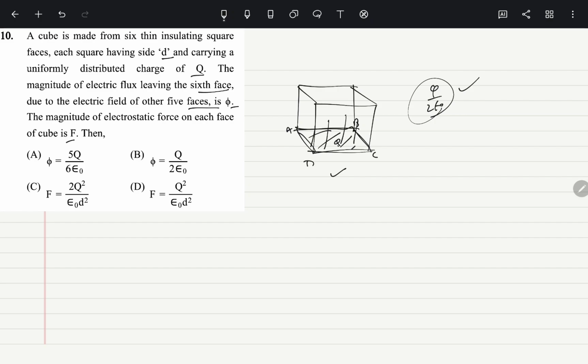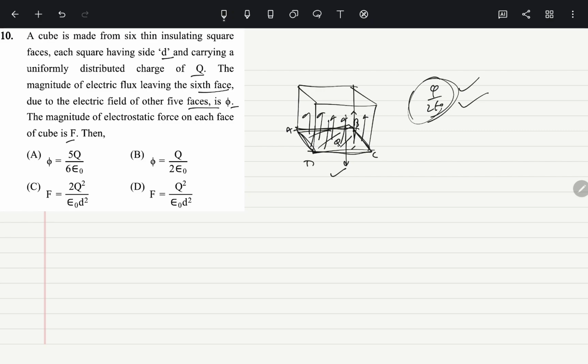So the same flux will pass through this face. Suppose Q by 2 epsilon naught is the flux coming out from each and every point on this face. How much flux can this face accommodate? Same only, no? Q by 2 epsilon naught.